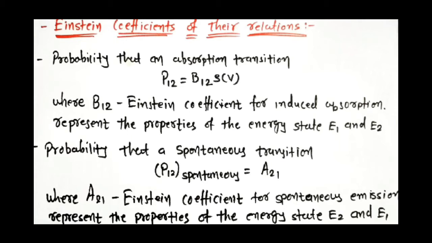A21 is a constant characteristic of the atom and is known as the radiative rate, measured in units of second inverse. 1 upon A21 is the lifetime of the upper state against spontaneous decay to the lower state. એટલે કે 1 upon A21 જેટલા ટાઈમ સુધી એટમ upper state ની અંદર રહેશે.